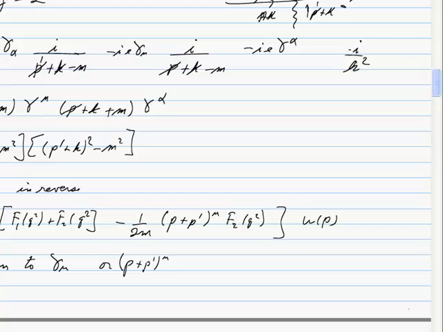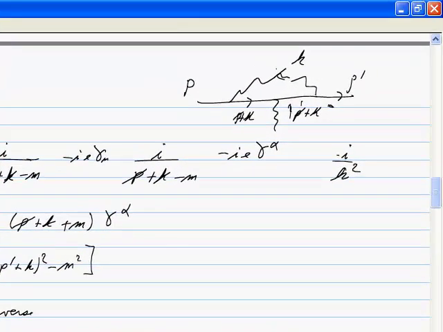And the one we want is the P plus P prime, so we're going to drop all the gammas. Okay, that makes life a lot simpler. So there's either one gamma matrix or none, and we can throw away all the ones.